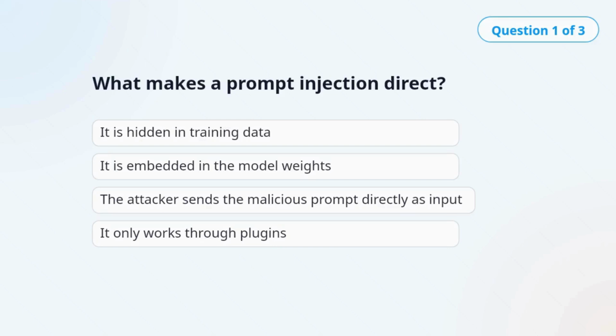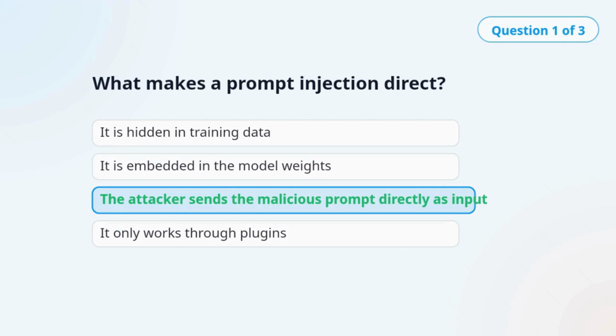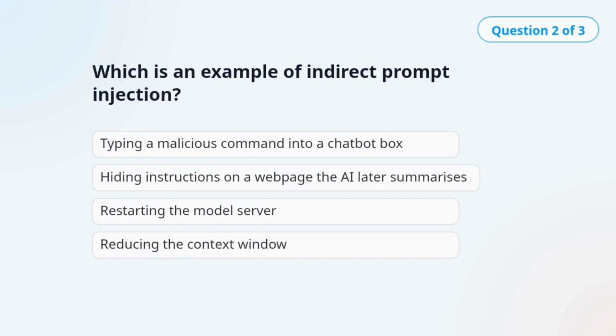Question 1. What makes a prompt injection direct? The correct answer is the attacker sends the malicious prompt directly as input. A direct injection means the attacker personally enters the harmful instruction into the app. Question 2. Which is an example of indirect prompt injection?